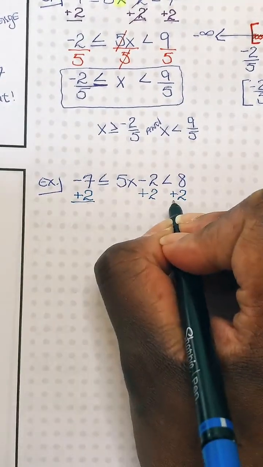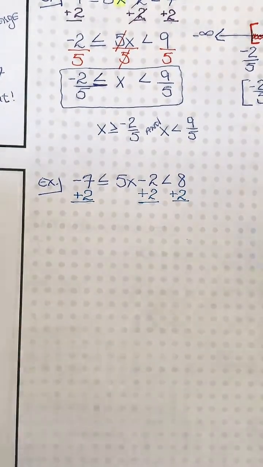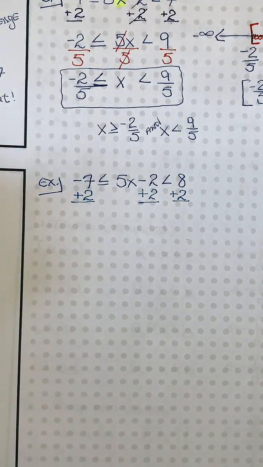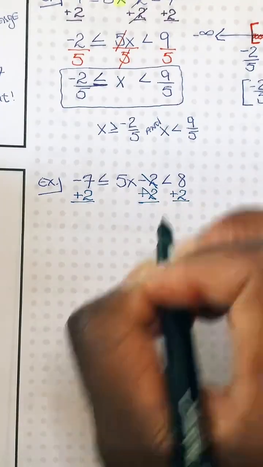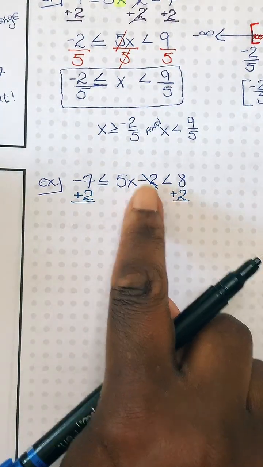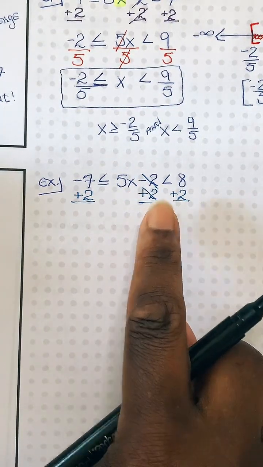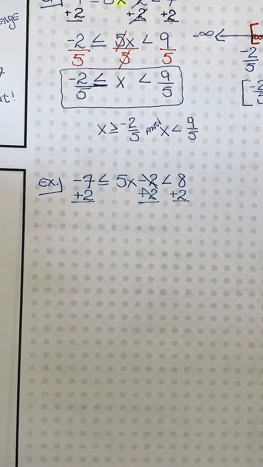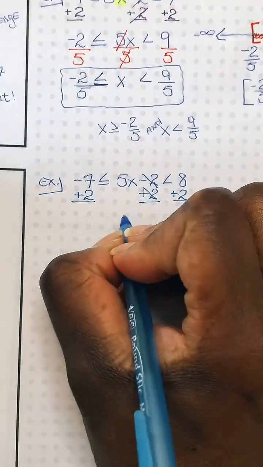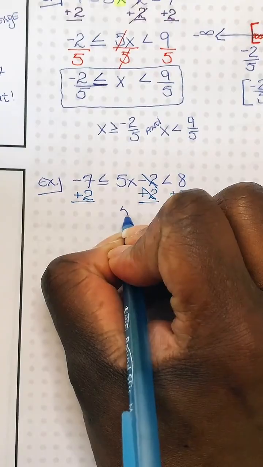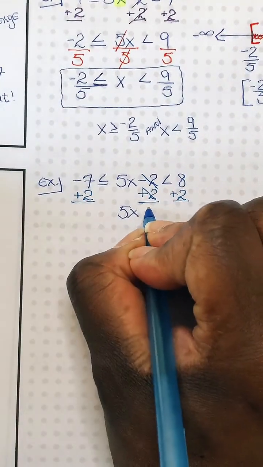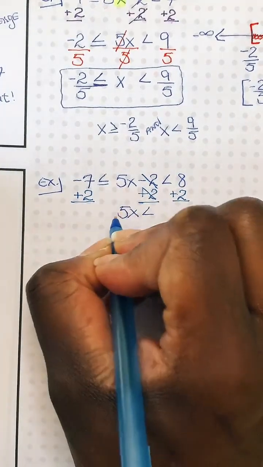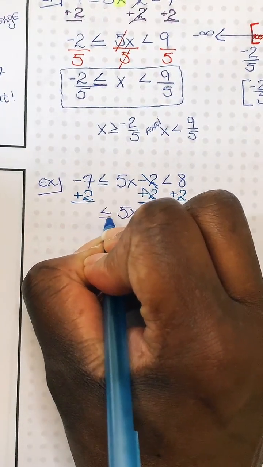We're doing it on the ends, but we're also doing it inside. So what happens is my 2's will cancel out because -2 plus 2 gives me 0, but we don't need that placeholder because we already have our 5x. Okay, bring down my inequalities because I only added 2.